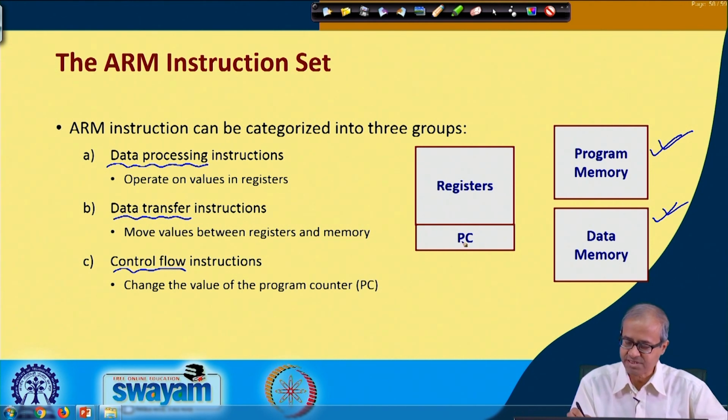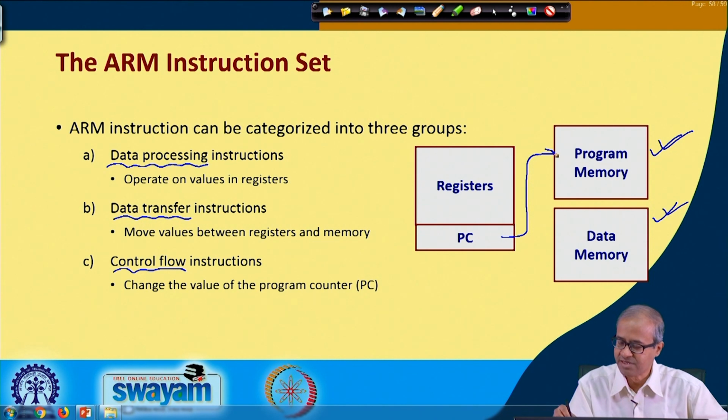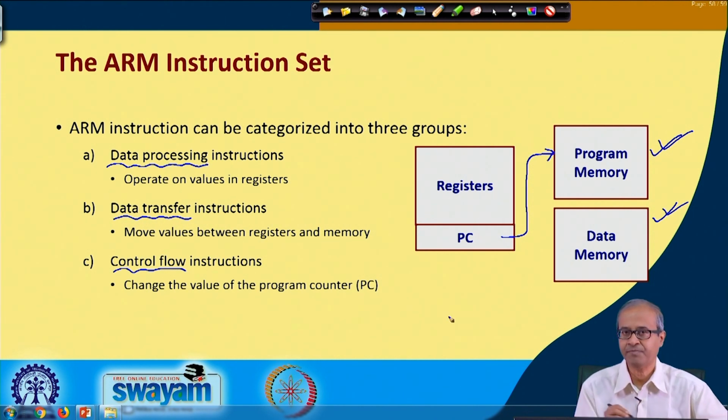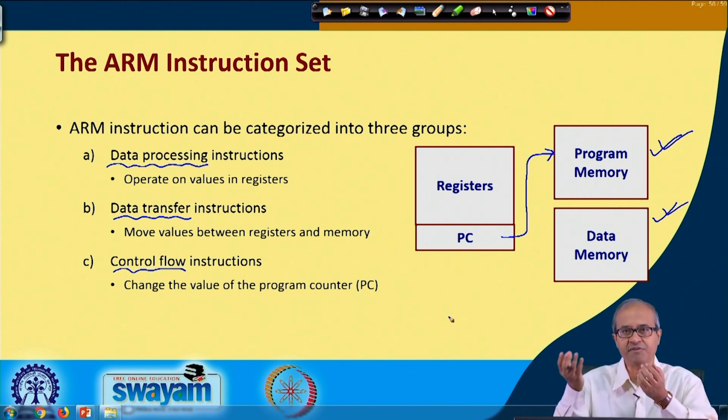Among the registers, the program counter is one register which will be pointing to the address of the next instruction in the program memory. Whenever a new instruction is fetched from memory, it will be fetched from the address which is stored in the program counter.